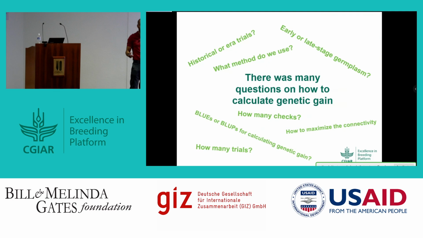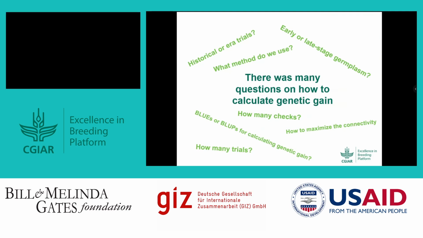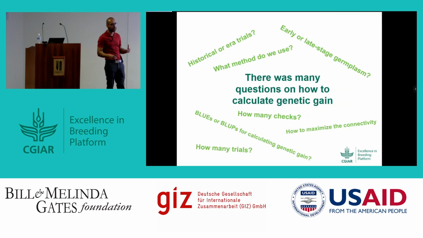So I'm going to try to go chronologically. When we started, we were given the responsibility of coming up with some guidelines. So I'm going to start with that process, how we developed those guidelines, and then how we got into the real analysis. When we were just asked, let's calculate genetic gain across the CG, that raised several questions at that moment.